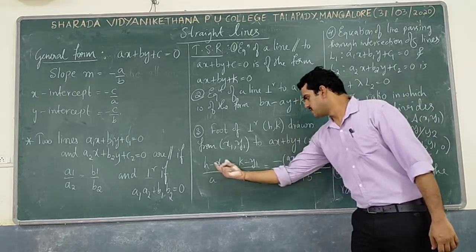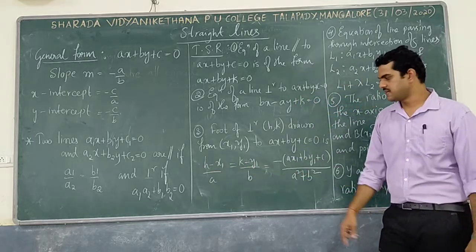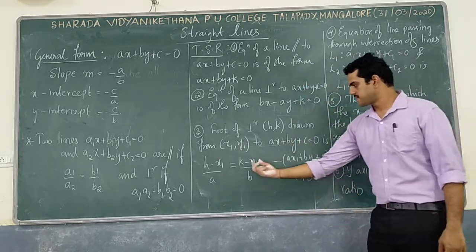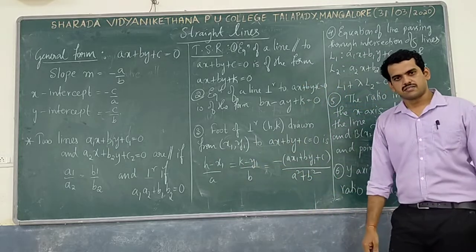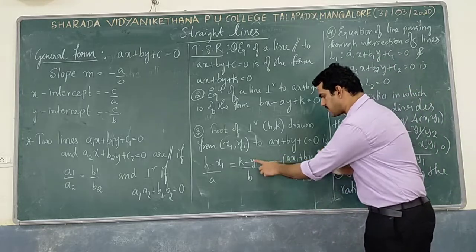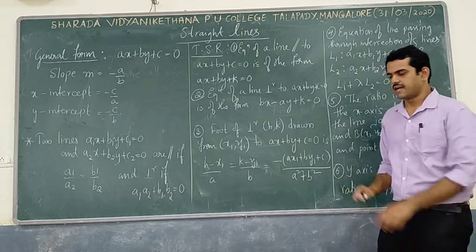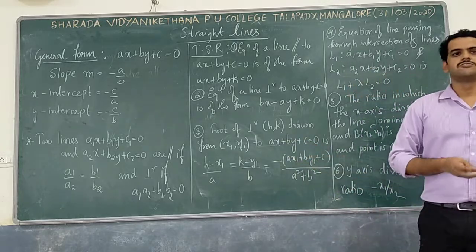Take the first part, equate it to the last part, then you can rearrange and get the h value, and similarly take the second part, equate it to the third part, and by substituting all the remaining values you can get the k value.